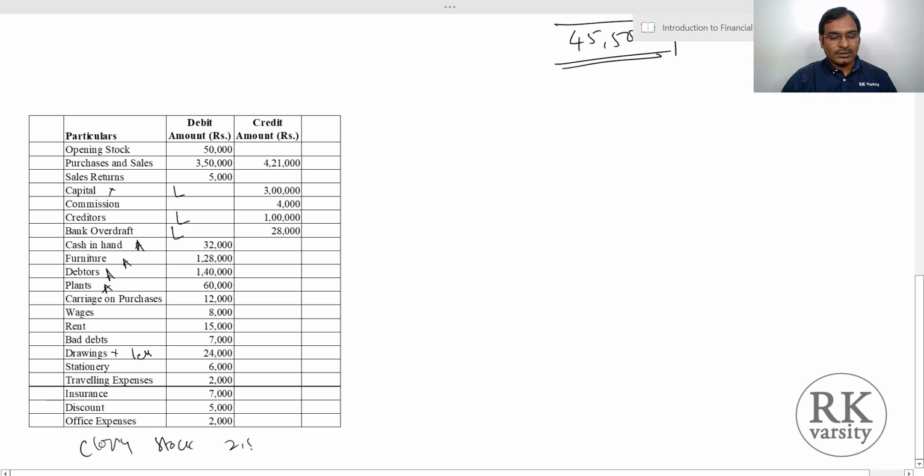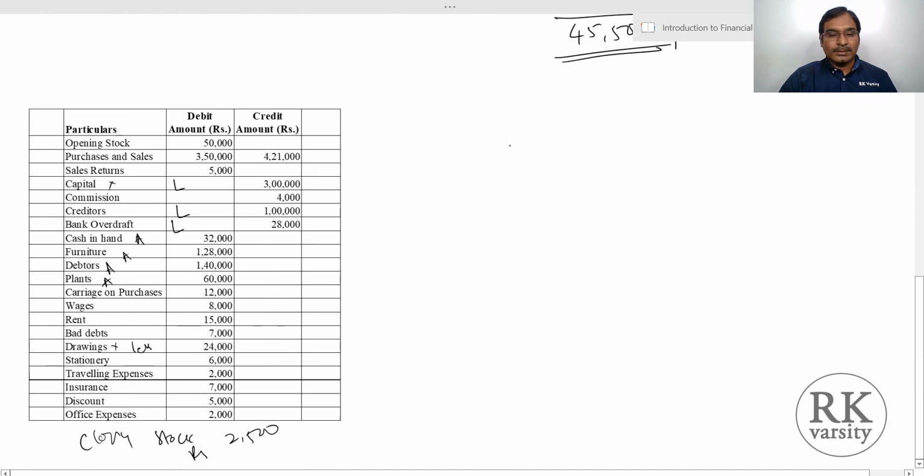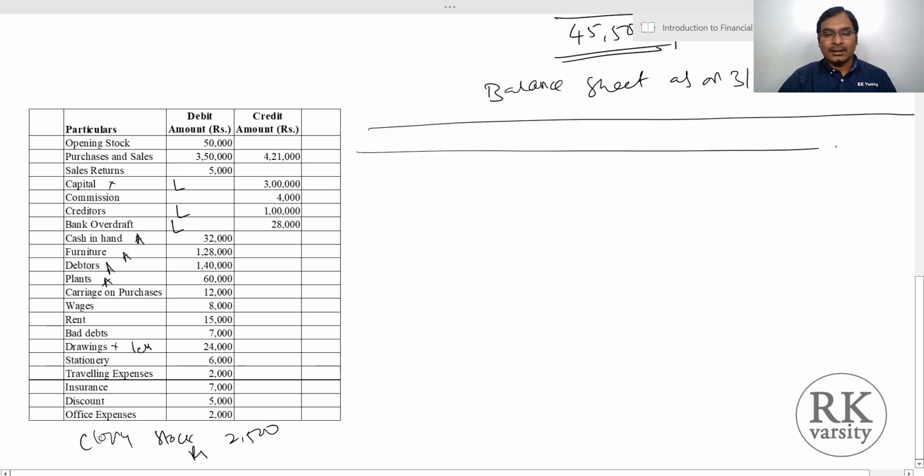And you have a closing stock. How much is the closing stock? If I remember, this is 2,500. Yes, closing stock is 2,500. Now based on this we prepare the balance sheet. Balance sheet as on 31st March 2020, and you have a liability side and an asset side.